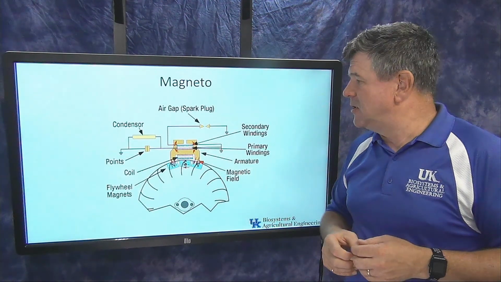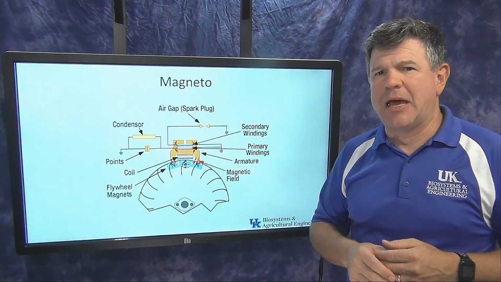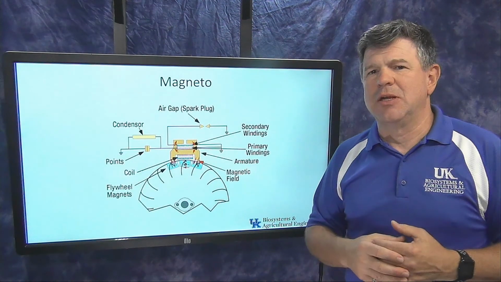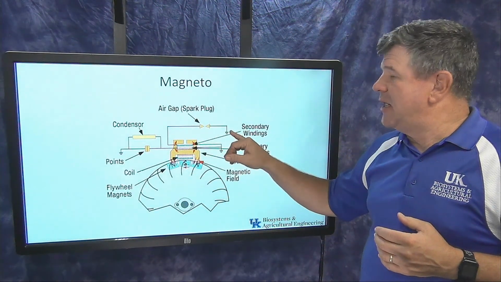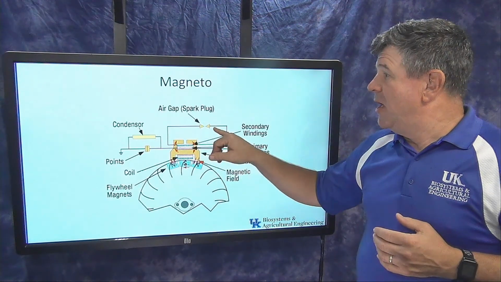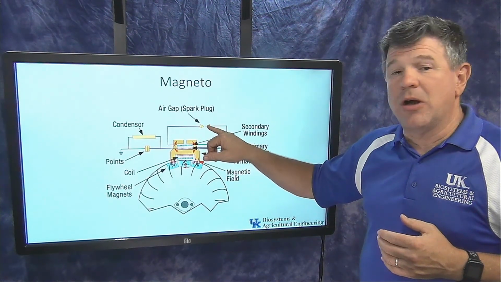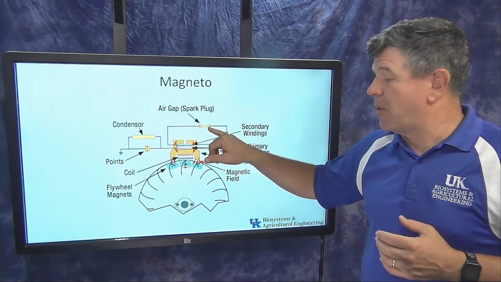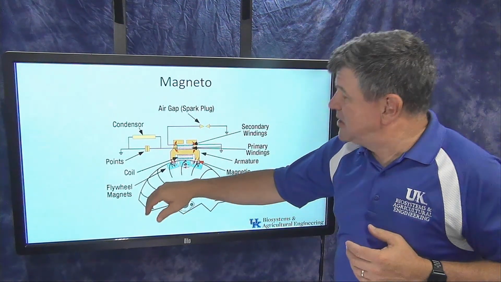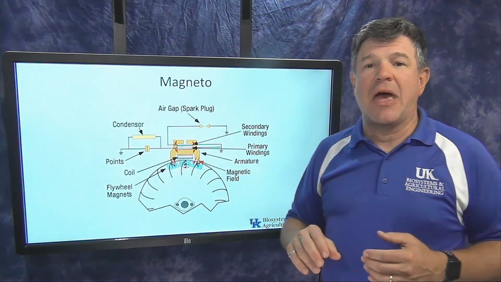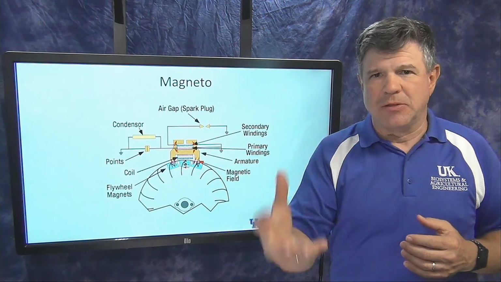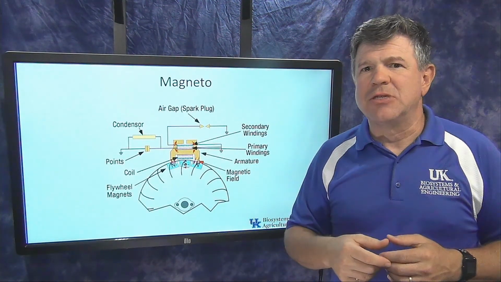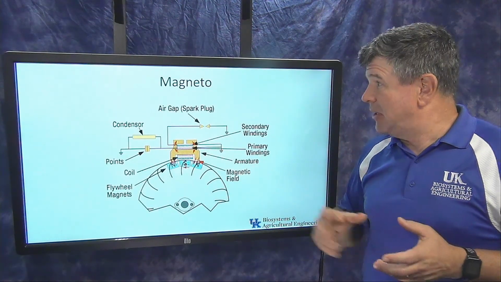I can do it with solid state, so there's a couple different ways that we can make that happen. And your book goes through those and explains how all those things happen. But that switching will stop the current and give me enough current to jump across that air gap in the spark plug to give me my spark. So it's these magnets moving by that coil that triggers or makes that voltage happen. It puts the voltage in there, induces that current flow, and makes the thing go.